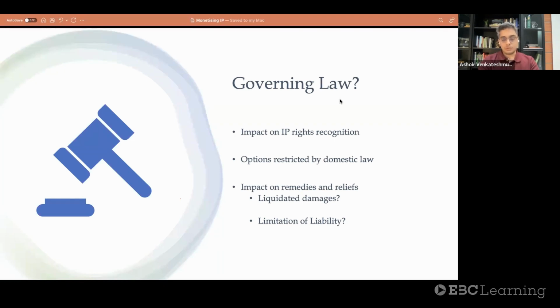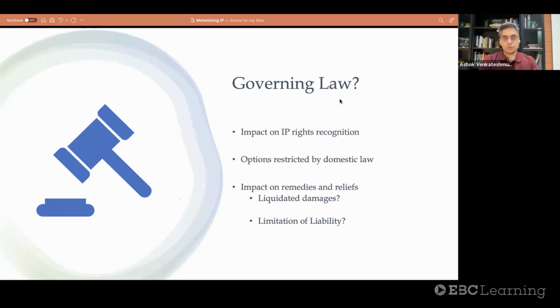Now, one of the peculiar features was that, China being the location of setting up of the joint venture, there were concerns under Chinese law as to what is the kind of IP rights that the Indian licensor is going to have on improvements and modifications. This was a matter of concern.